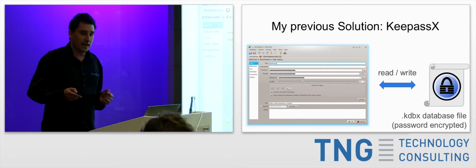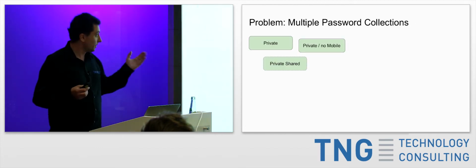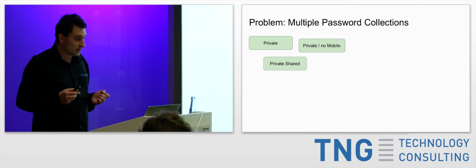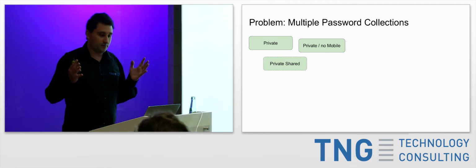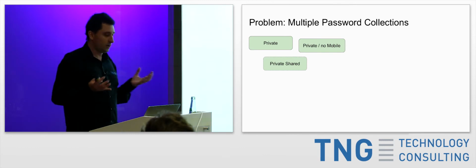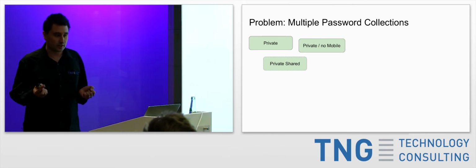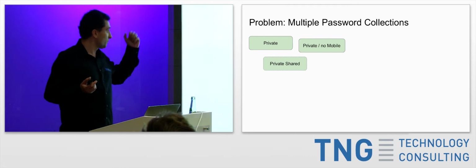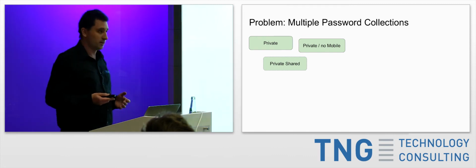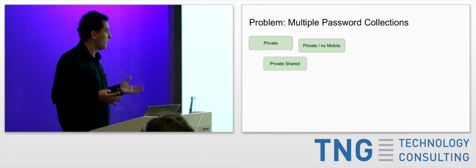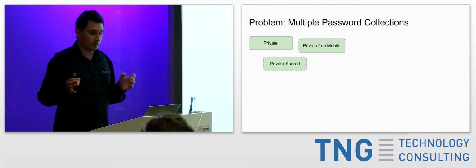But some things are really hard if you use a tool like that. And for me, one of the two main challenges was that I want to organize my passwords into multiple collections. For example, I have a collection with private passwords, which I'm fine with having on my mobile phone, but I also have parts of my password collection which I do not want to have on my mobile phone.